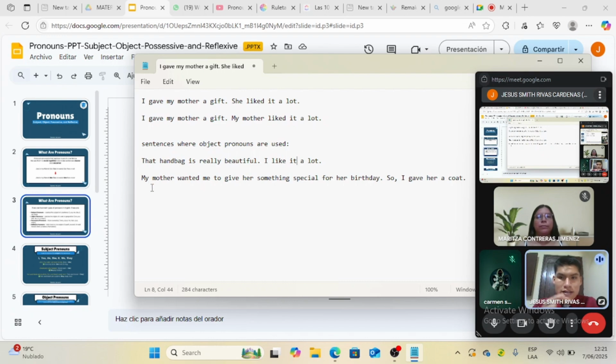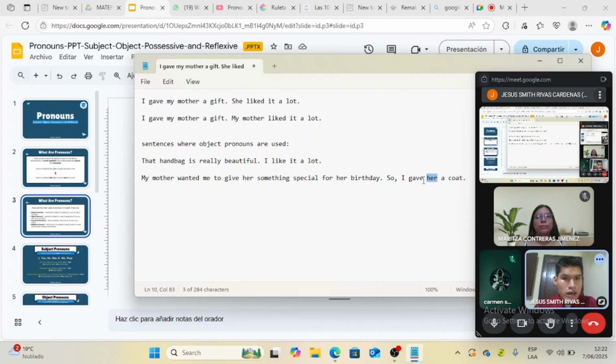The second example is, my mother wanted me to give her something special for her birthday, so I gave her a coat. Here we have another object pronoun, which is her. As you can see, her comes after the verb.